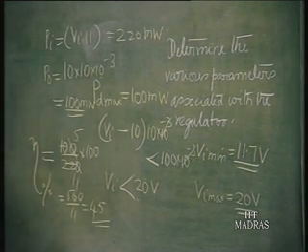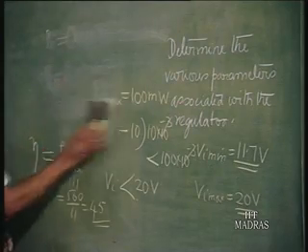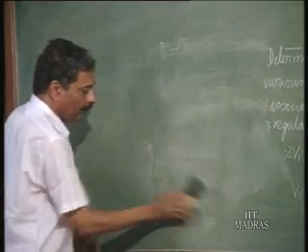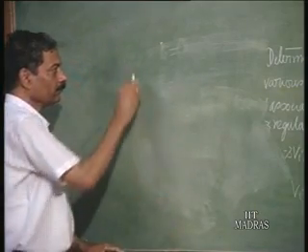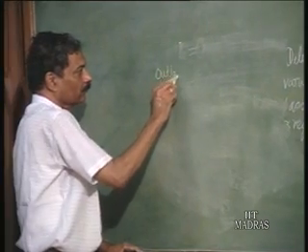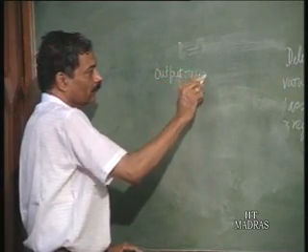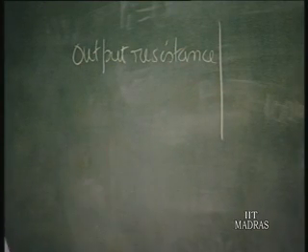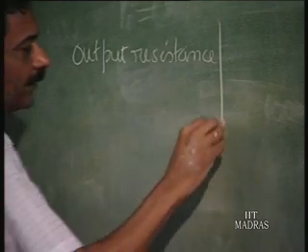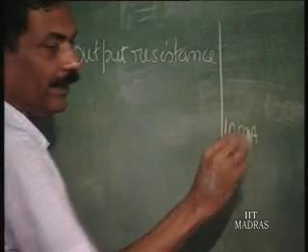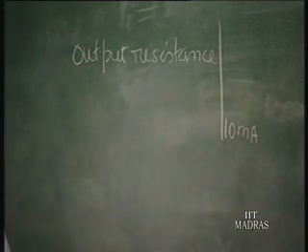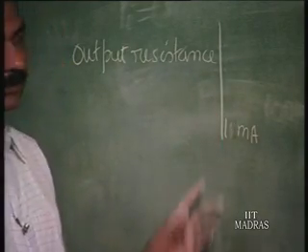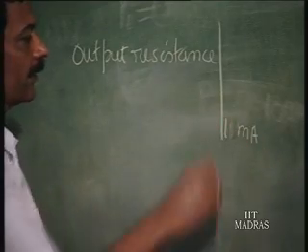Now, apart from this, we can also evaluate, let us say, the output impedance at 10 milliamperes current, because that is the worst case. Lower the current, higher is the output impedance. So, 1 milliampere current. Instead of 10 milliampere, we will evaluate it at 1 milliampere.